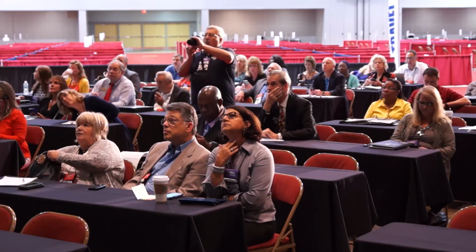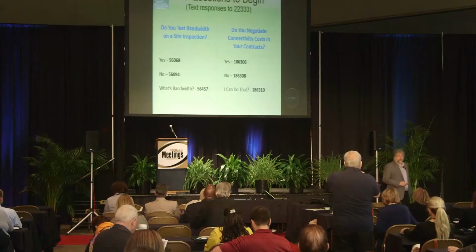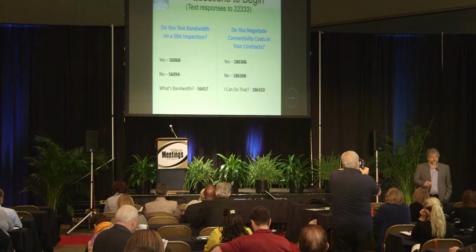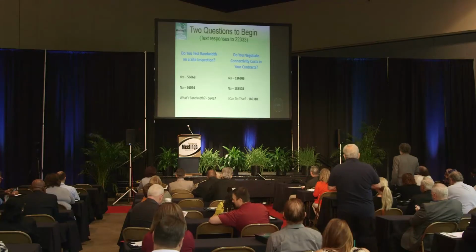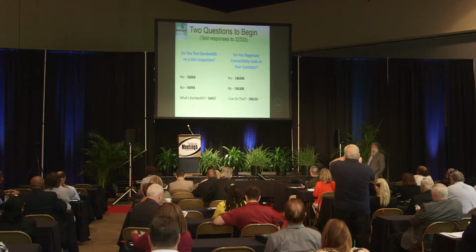Now, I always use different tools, and I might talk about the one I'm using today, but I want to start with a pair of polls. The way this will work is you will text 2 times. Both times you're going to text to 22333. And once we get the polls set up, then we'll talk about the service itself. So the first question on the left side is, do you test bandwidth on a site inspection?